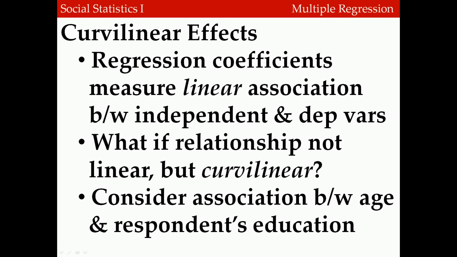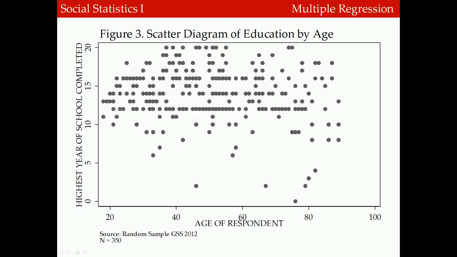Let's take a look at the scatter diagram showing the relationship between age and response education. Notice that at the low values of age, that is people in their 20s and maybe early 30s, what we see is that as age increases, education also increases. And notice that at the other tail of the distribution, what we find is that people who are older have lower values of education for increasing values of age.